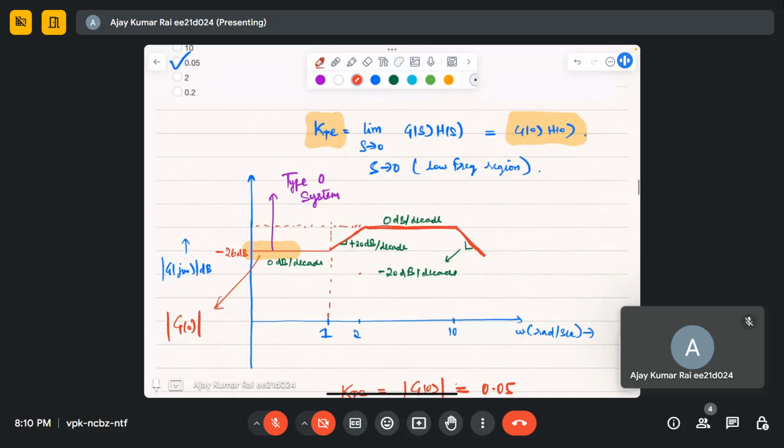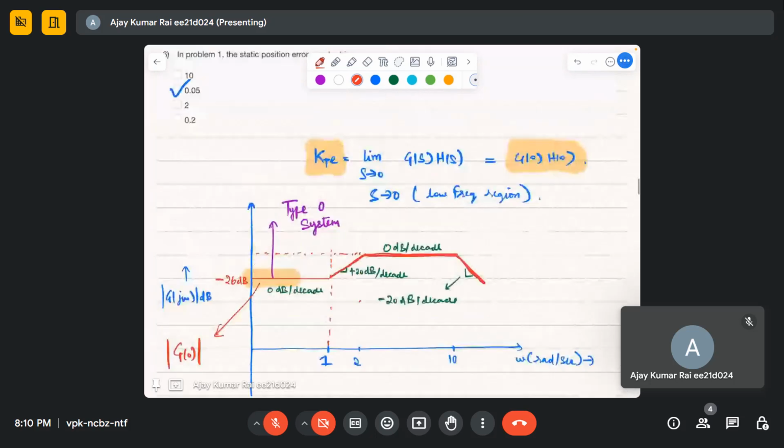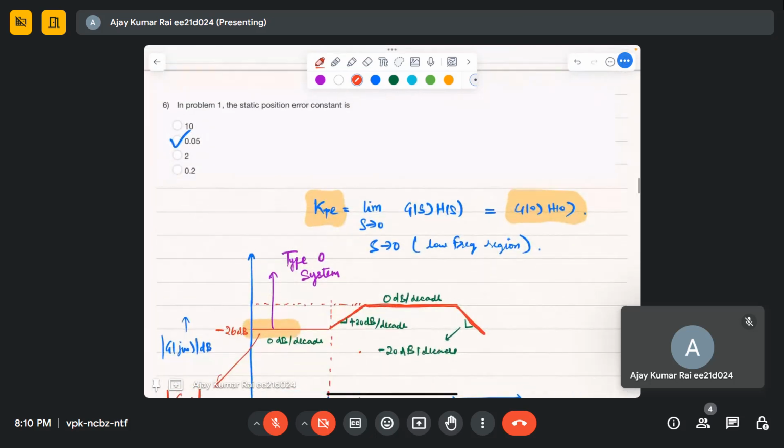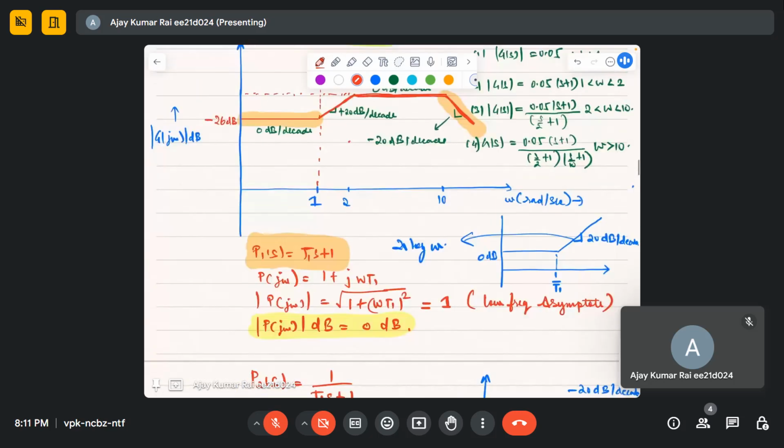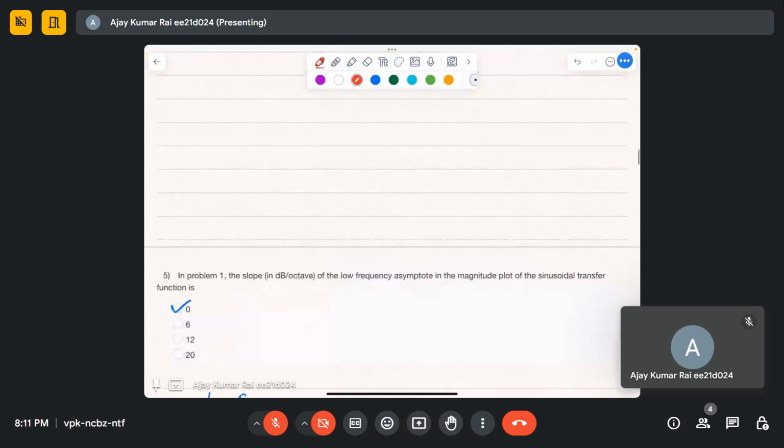We'll cover more questions on Bode plots. I'll take one extra session after week 12, on 22 October, where I will be discussing questions. Any doubt for today's session?